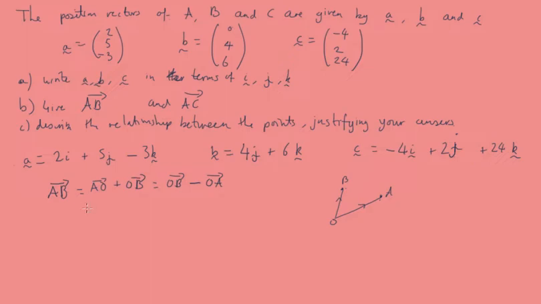So let's write this in. So we've got our OB, which is our vector B, which is 4j plus 6k.